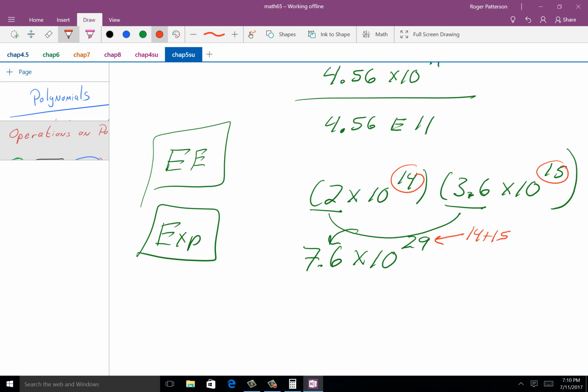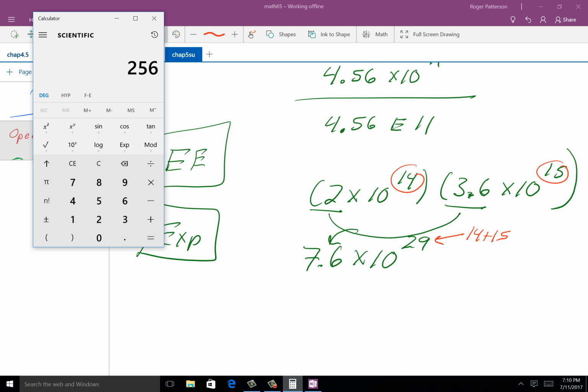But your calculator will do it. So if I want to go 2 times, let's see what happens, 10 to the 14th. Let's see if it'll put that in there. No, it doesn't like it that way.